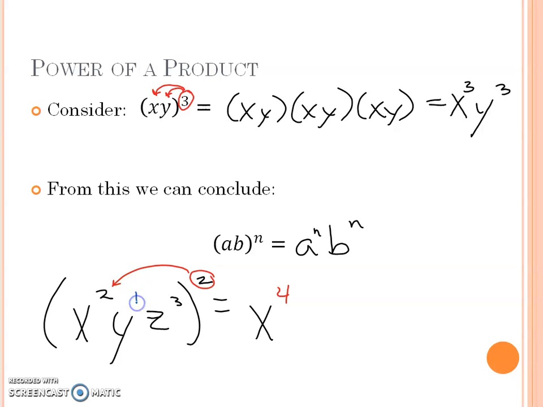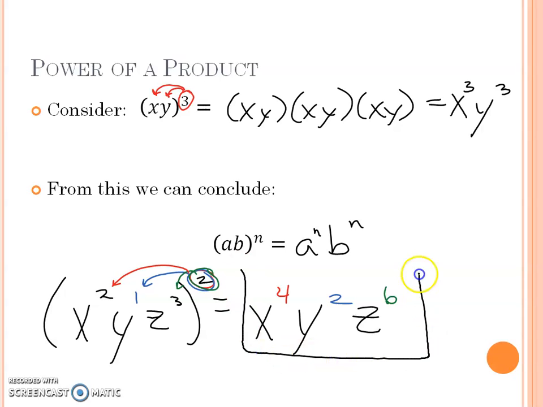Well, remember that's a y to the 1st power. We just don't write that. So 2 times 1 gives me a y squared. And then lastly, 2 times 3 gives me a z to the 6th. Okay, so that would be my answer there. So it has to distribute, and we're multiplying.